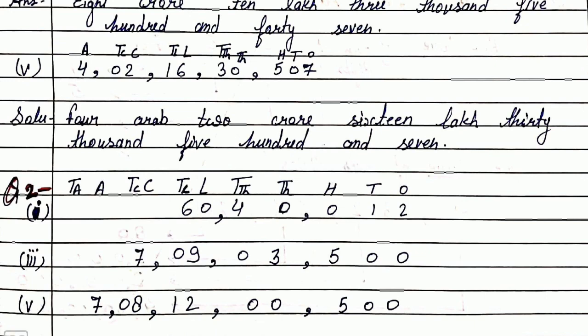So the number name will be 4 Arab, because 4 is coming in the Arab period, and in the 10 crore period 0 is mentioned there, so we will write 2 crore only. Then in the 10 lakh place 1 is there and in the lakh place 6, so directly we will write 16 lakh. Because here you can see, when the crore family is finishing, we put 1 comma. When the lakh family is finishing, we put another comma.